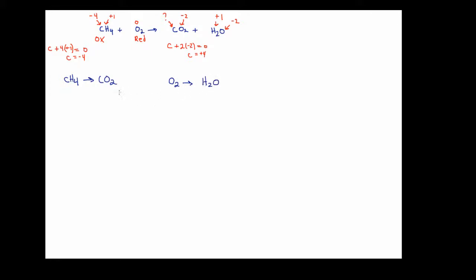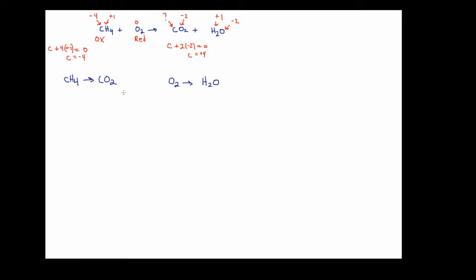All right, now let's deal with the oxidation half reaction first. And what we're going to do to balance the half reactions is we're going to use a set of steps that normally are utilized to balance solution redox. But I have found that there's lots of different ways to accomplish what we're going to do next.